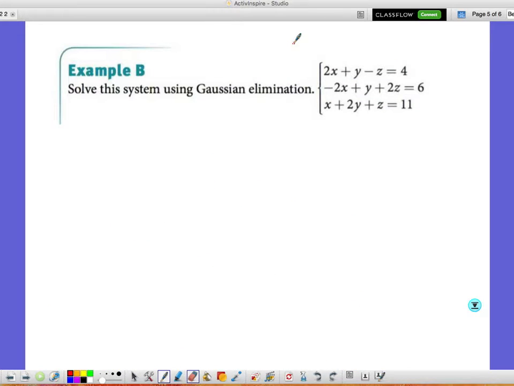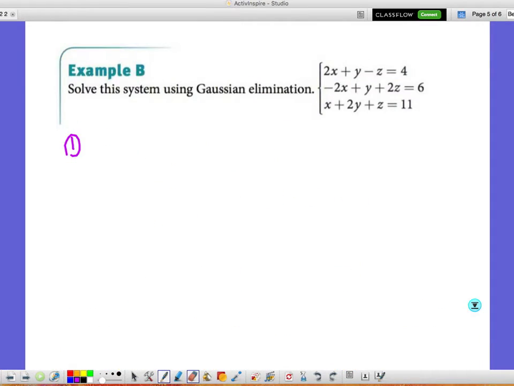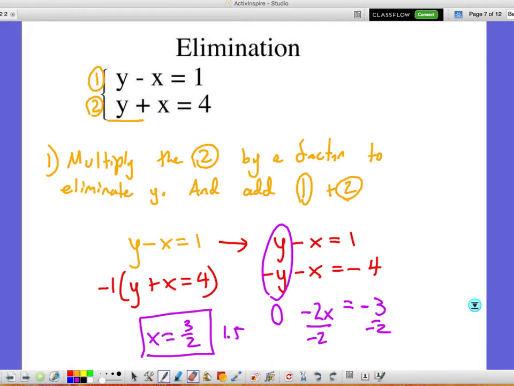Next, we have to do Gaussian elimination, which is basically just elimination. So let's figure this out. Okay, the first step. Now let's take a look at the first step from when we solve 2 systems.